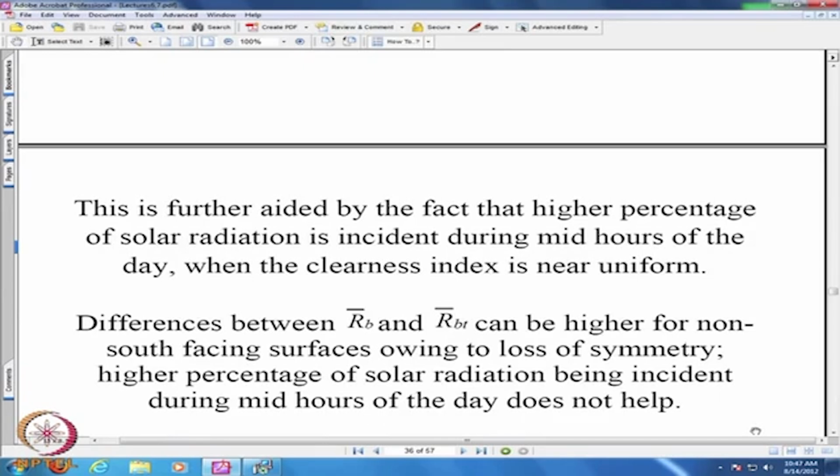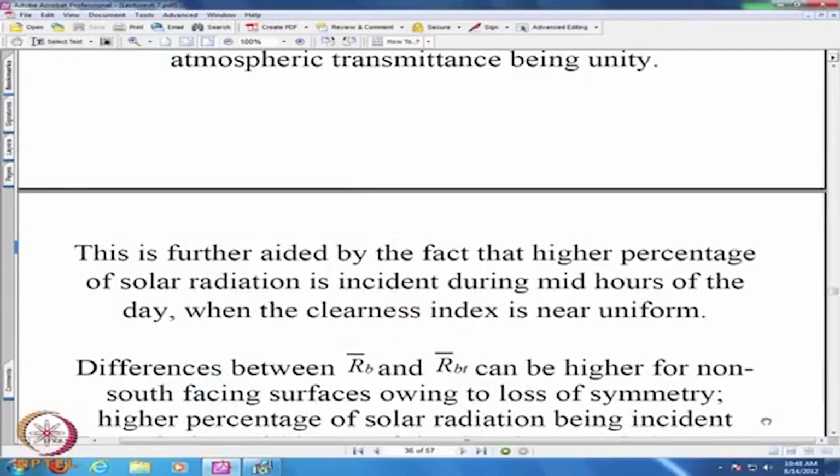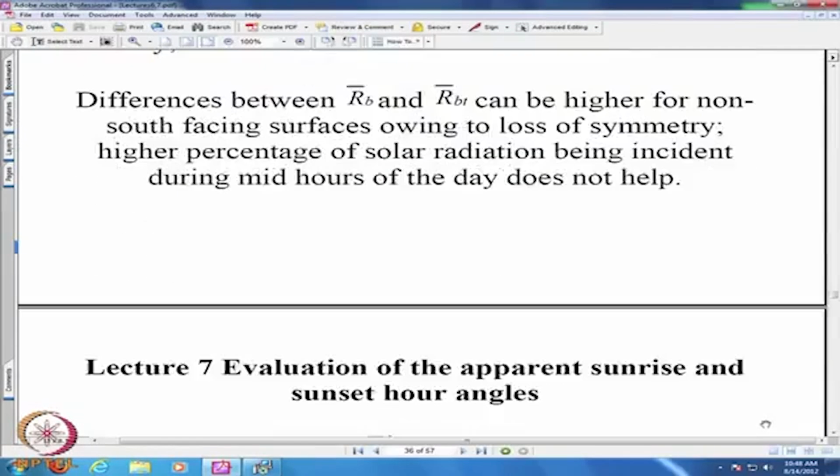Consequently, that uniform clearness index is satisfied when the solar radiation is higher, when the angles of incidence are favorable, when the RB is higher. Consequently, the error that may be arising owing to non-uniformity in the clearness index is very small, which is likely to occur at low intensity of radiation times. And this is particularly true if the surface is south facing.